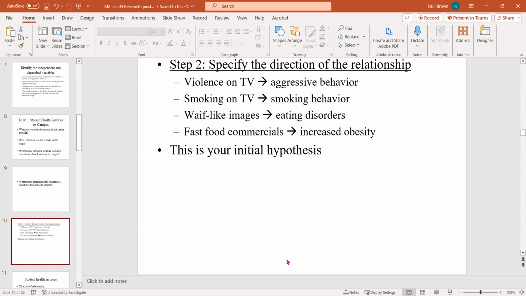Athletes are more likely to use health services than non-athletes. That's one. Another one. How about one just based on using willingness as your dependent variable? Wait time. Impact.